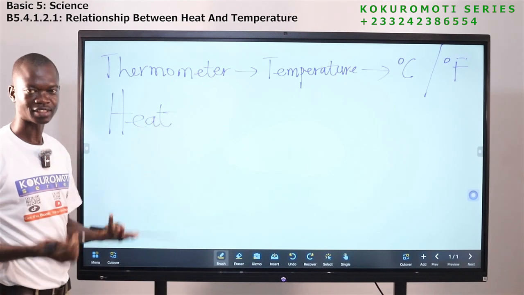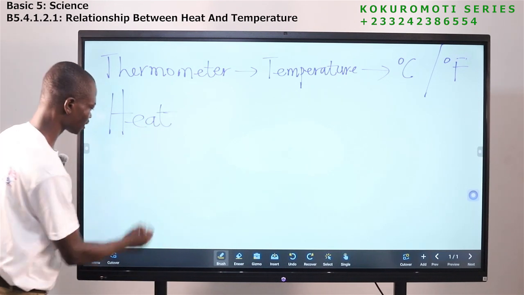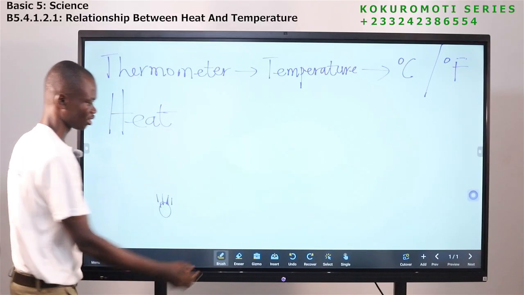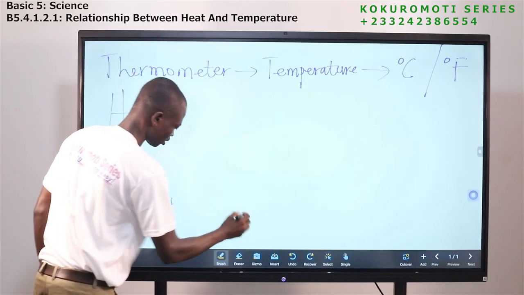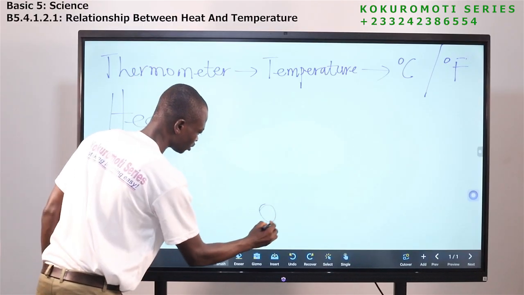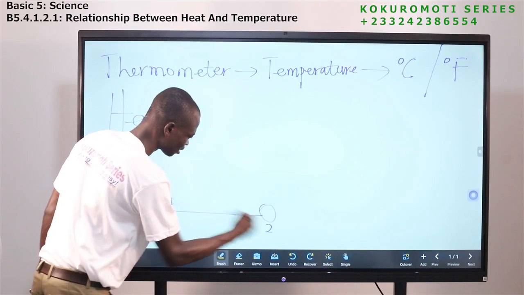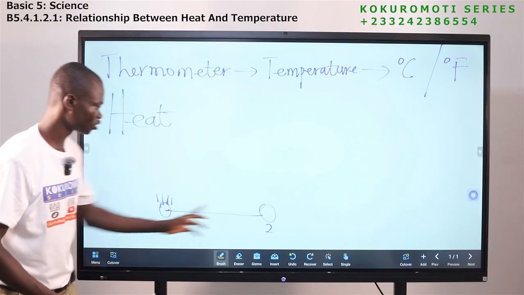Heat is a form of energy. So let's say we have fire here. This is point 1, and then point 2. There is no fire. So there is a metal joining these 2 points.